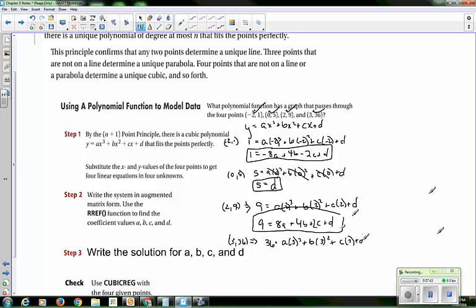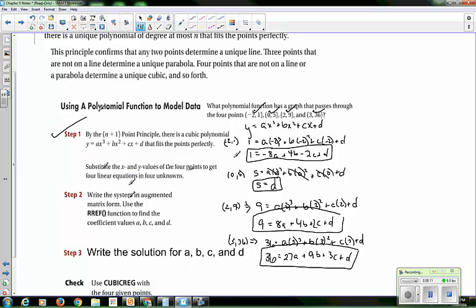And so we get 36 equals 3 times 3 is 9, 9 times 3 is 27, 3 squared is 9, so 27a plus 9b plus 3c plus d. Boom. Okay, we get 4 linear equations in 4 unknowns. So step 1, check.